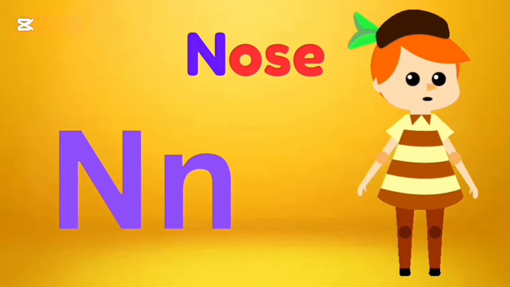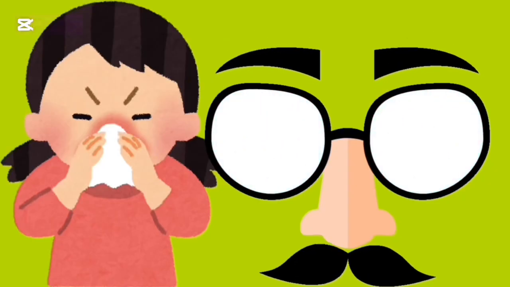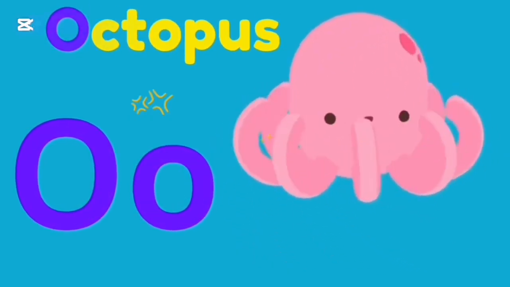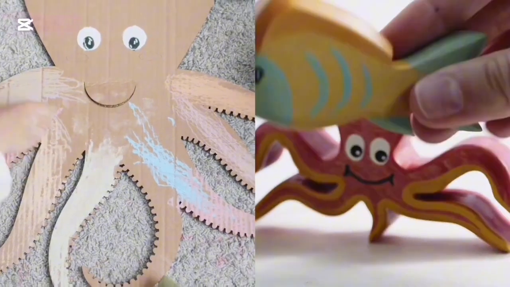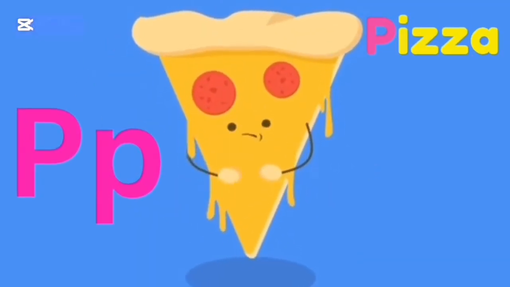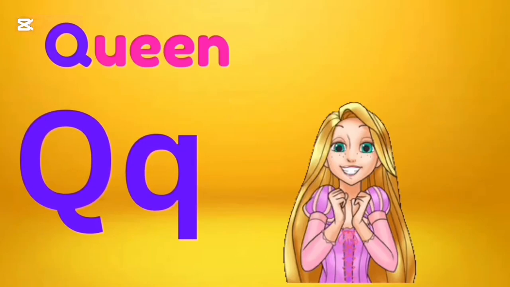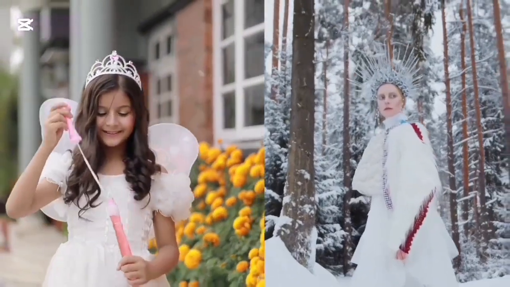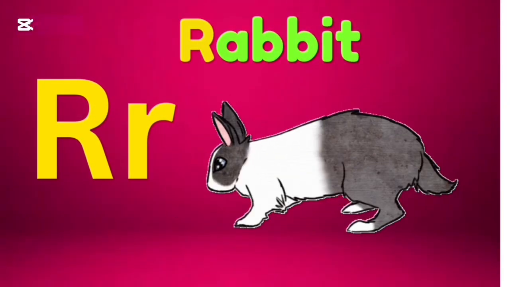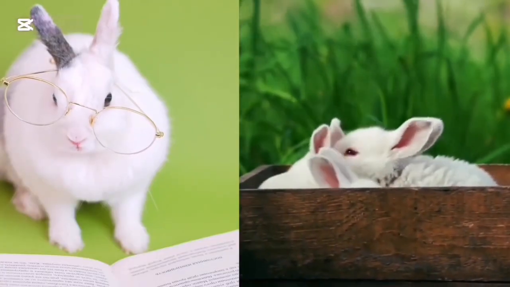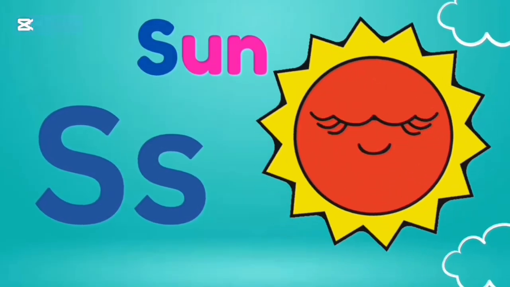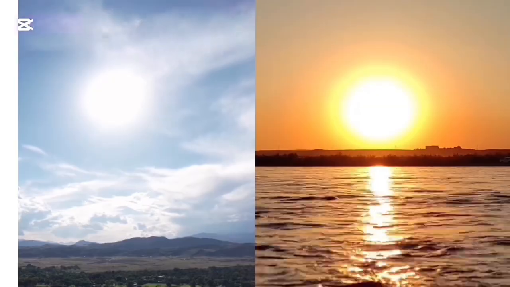N for nose, nose. O for octopus, octopus. P for pizza, pizza. Q for queen, queen. R for rabbit, rabbit. S for sun, sun.